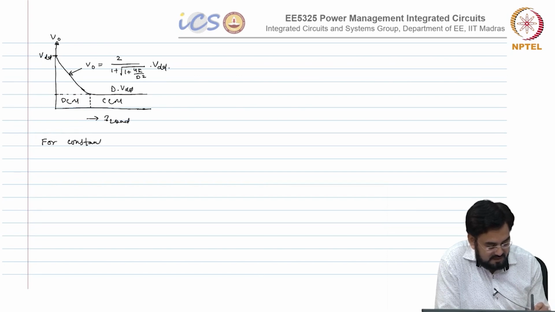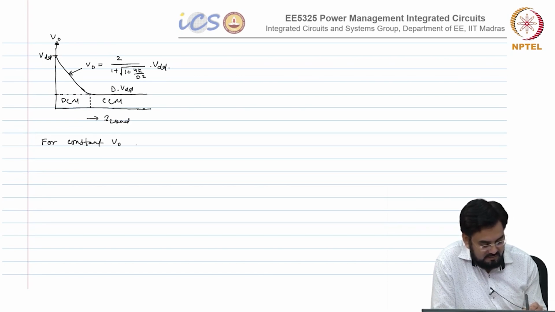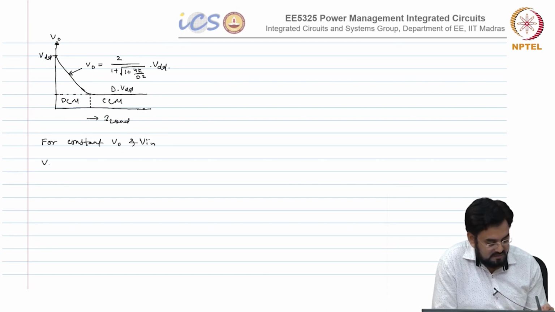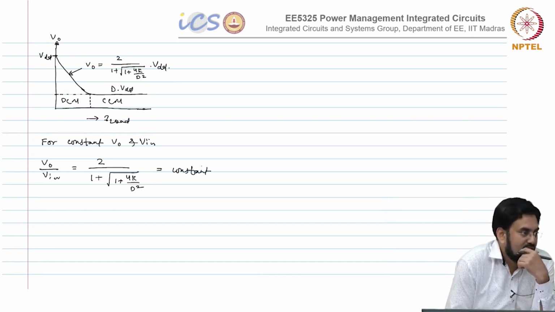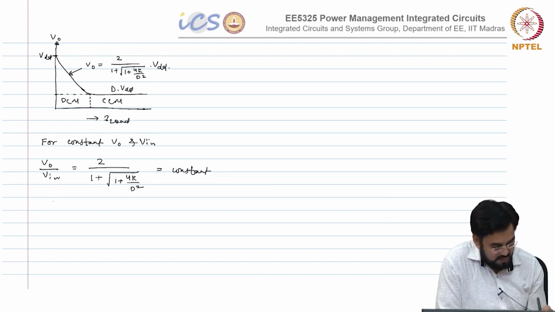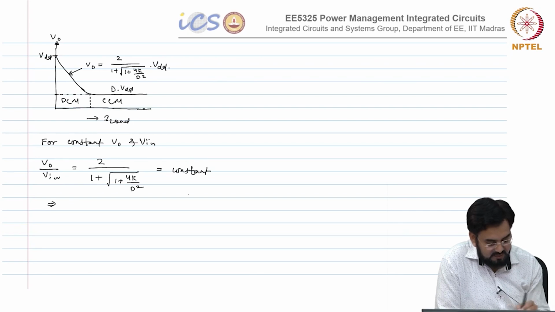For constant V out and Vin, which means V out over V in equal to 2 over 1 plus square root of 1 plus 4k over d square should be constant, which means, so what are the variables?